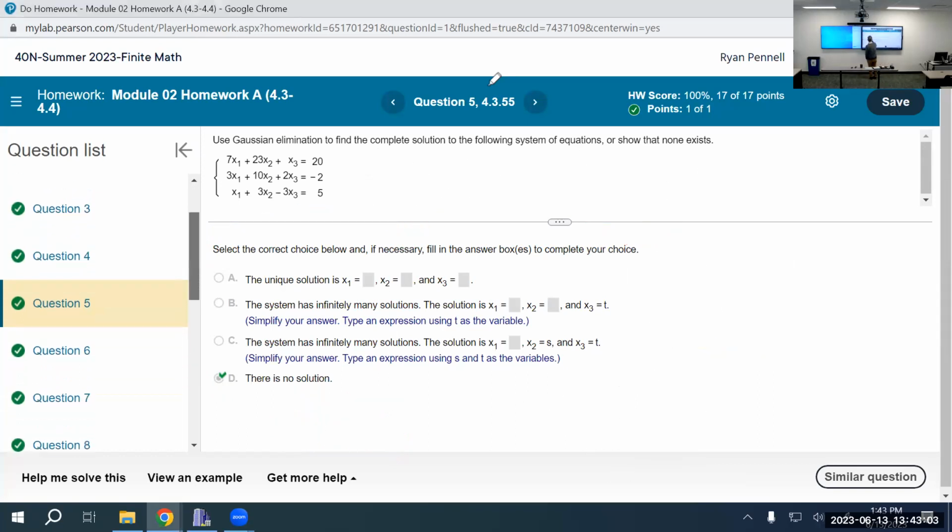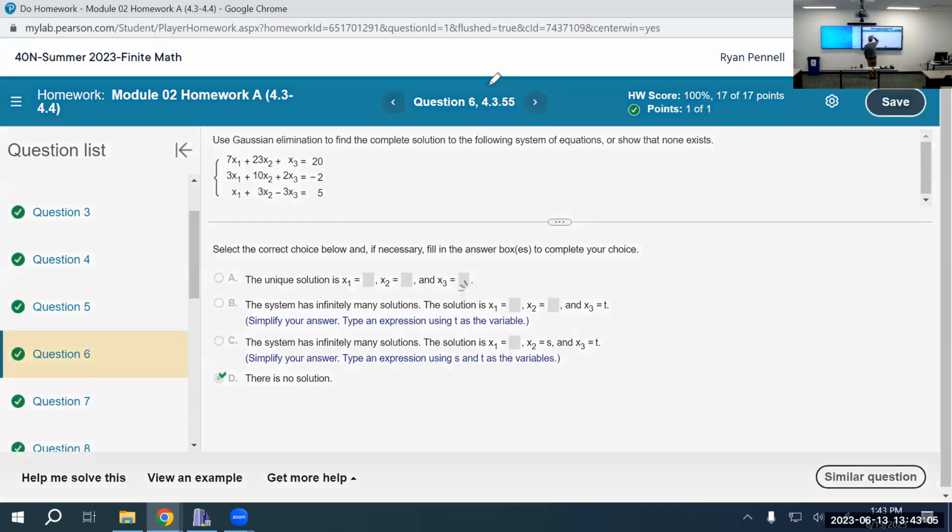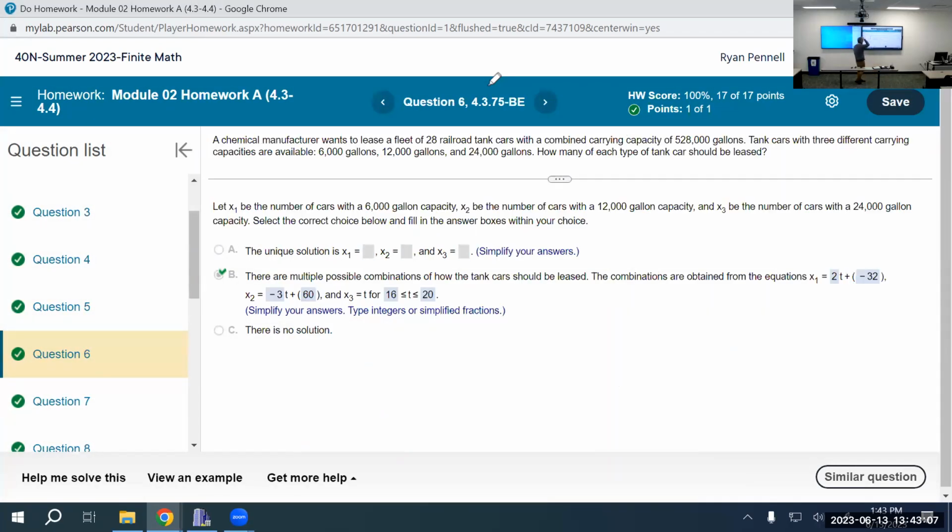All right. I think I wanted to go over 6 as well. Yeah. Because it's a word problem. I always try to go over the word problems for everyone. So in number 6, a chemical manufacturer wants to lease a fleet of 28 railroad tank cars with a combined carry capacity of 528,000 gallons.